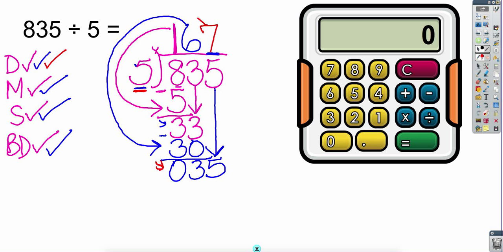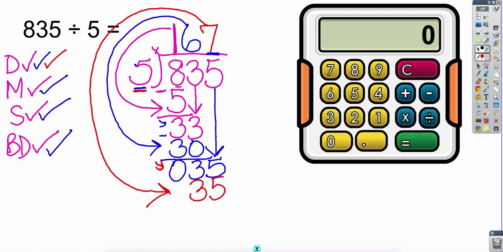And now I'm up to multiplication. So I'm going to do 7 times 5 is 35. Now I subtract. This is a whole bunch of zeros, right? And then give myself a check and it says bring down.